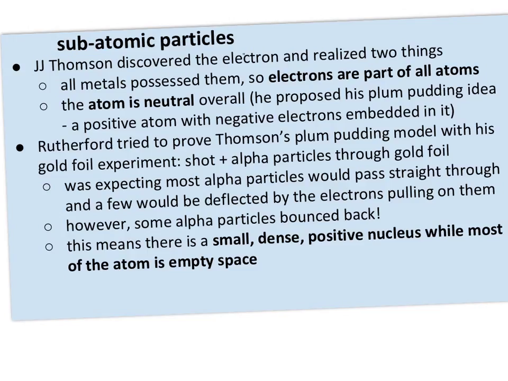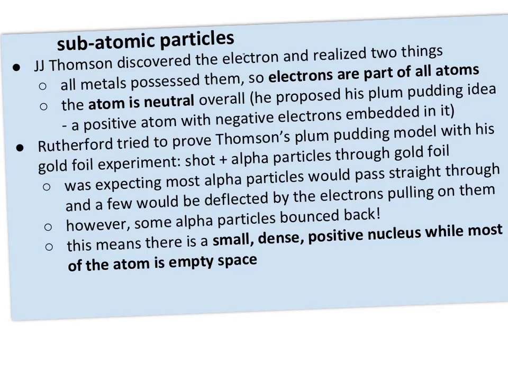Rutherford was trying to prove Thomson's plum pudding idea correct when he was doing his gold foil experiment, where he shot positive alpha particles through gold foil, which is just really, really thin layers of gold atoms. He was expecting most of the alpha particles would pass straight through, and a few might be deflected by the electrons pulling on the positive alpha particles.